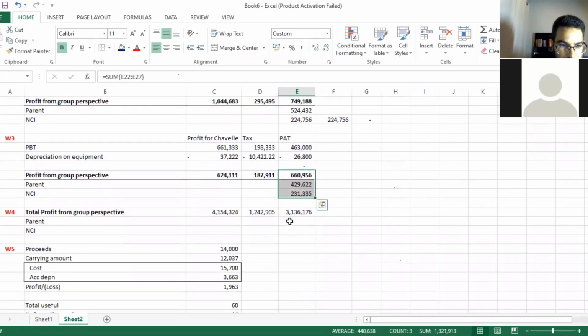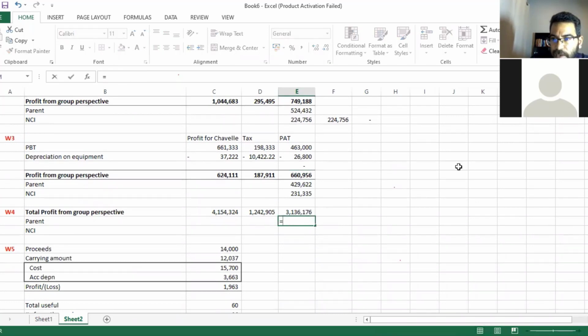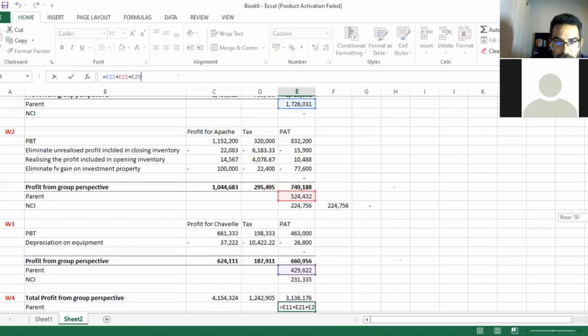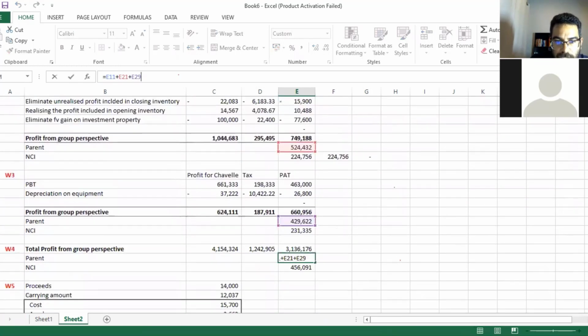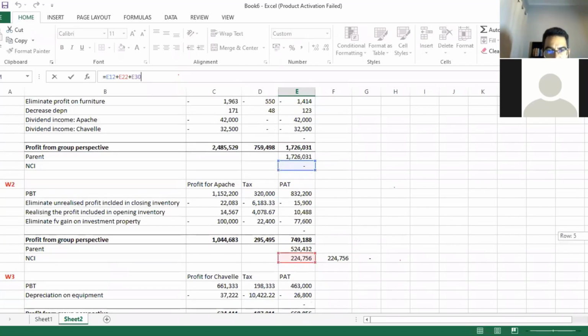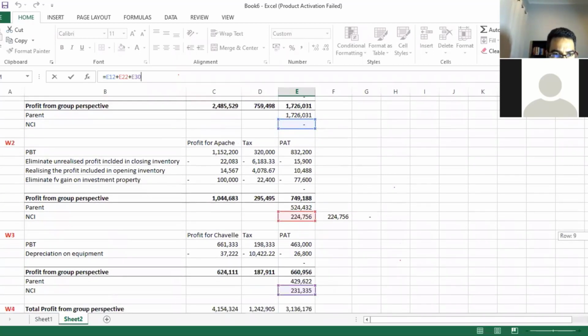So we go to the parent, I'm just going to drag this down and see if it works out. It's adding up all of those: parent, parent, parent. Cool. And then it is NCI. Yep. So just be aware of that. That's how it should be working.